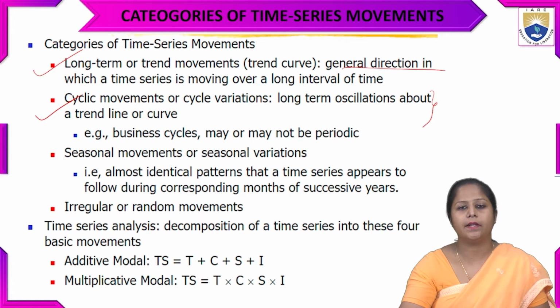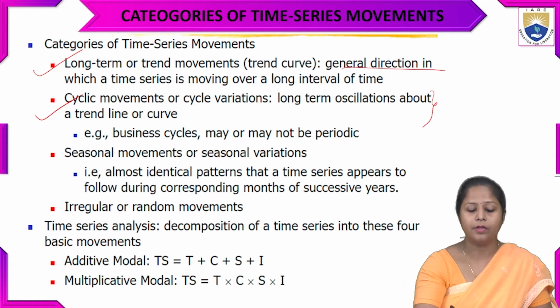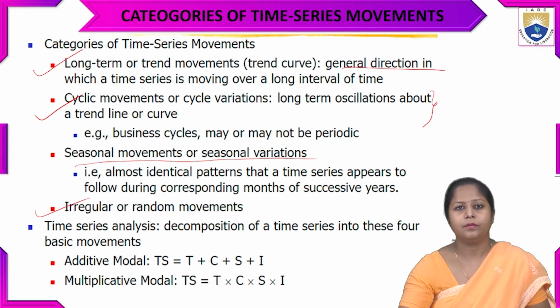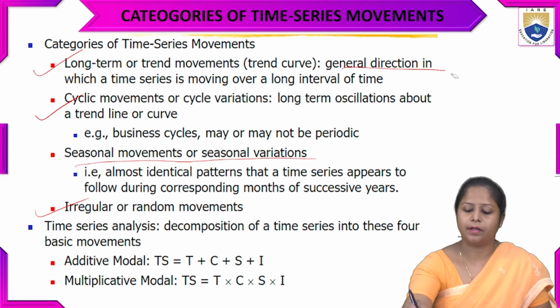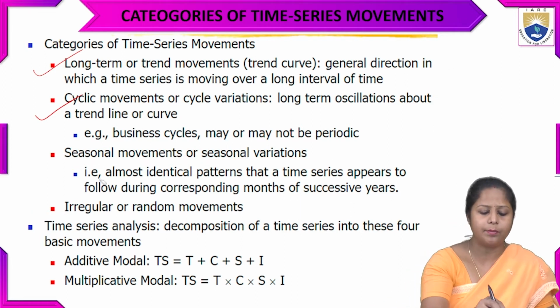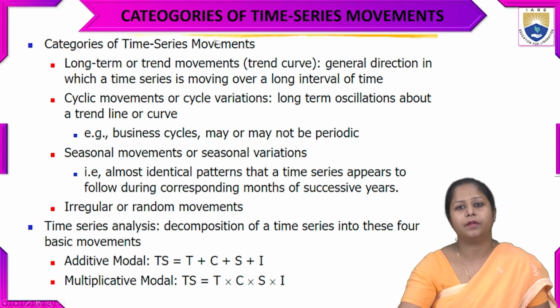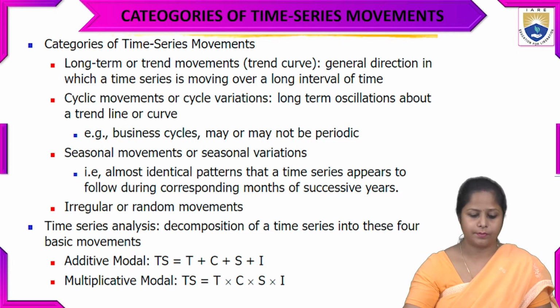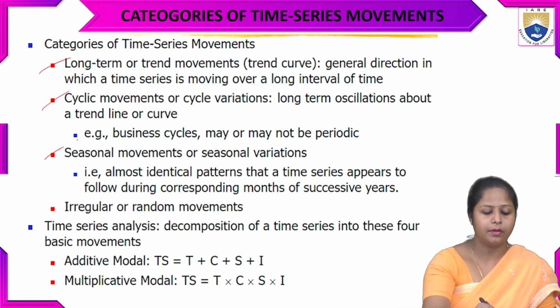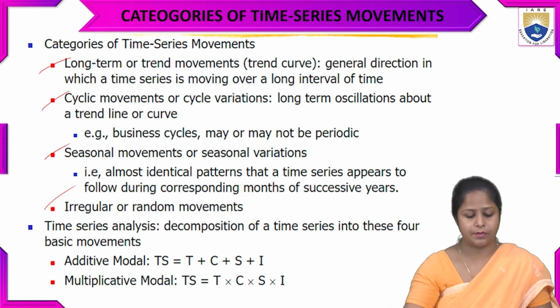So that type of identical pattern is shown in seasonal movements and seasonal variations. Irregular or random movements: if we have an irregular type of graph, a random movement type of trend, that comes under this category of time series movement. So these were the four categories of time series movement.